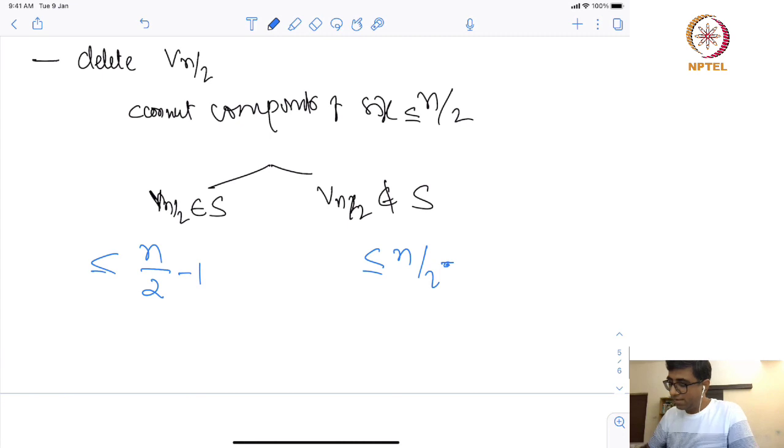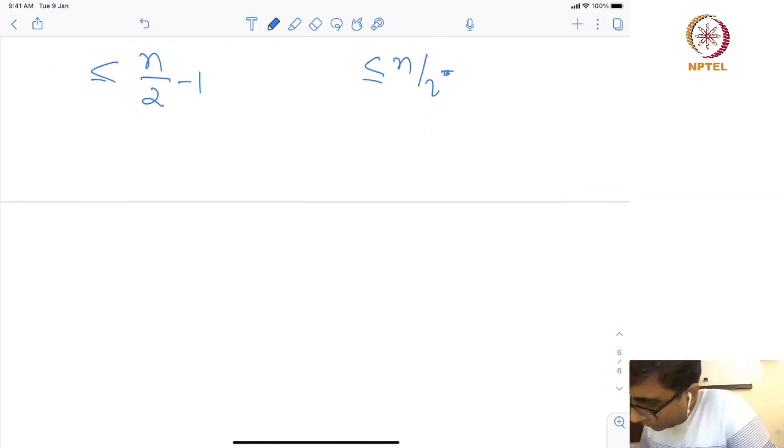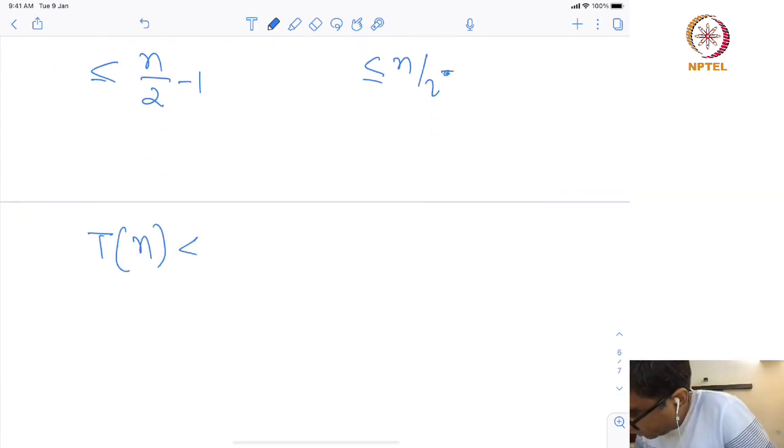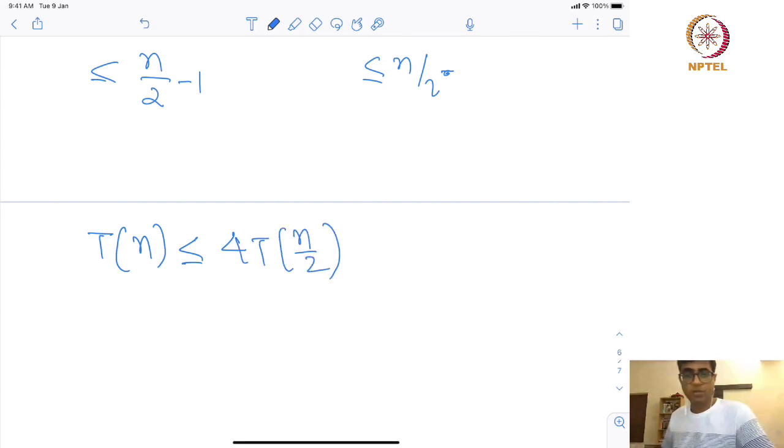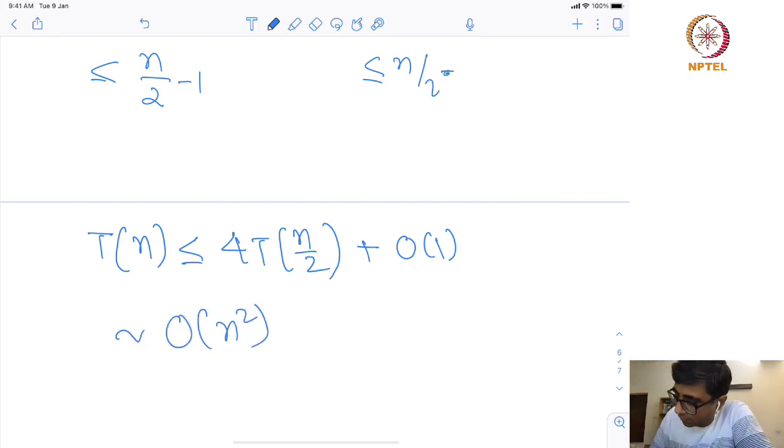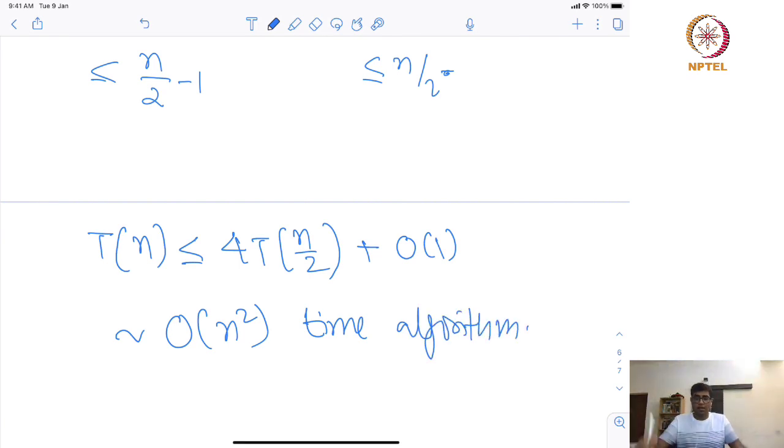Now, it implies that for this family, the running time is T(n) = 4T(n/2) plus some constant to find the middle vertex. And we can show that this is at most an order n squared time algorithm.